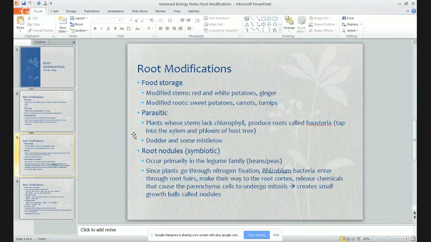Specifically, they're going to tap into the vascular tissue of that host plant to derive the nutrients and water and other necessary foodstuffs that they're going to need, like sugar. Since they don't have chlorophyll, they can't go through photosynthesis.